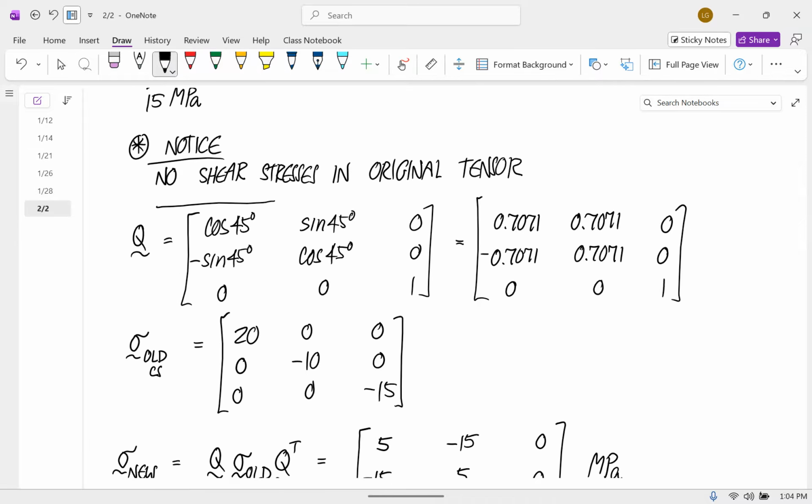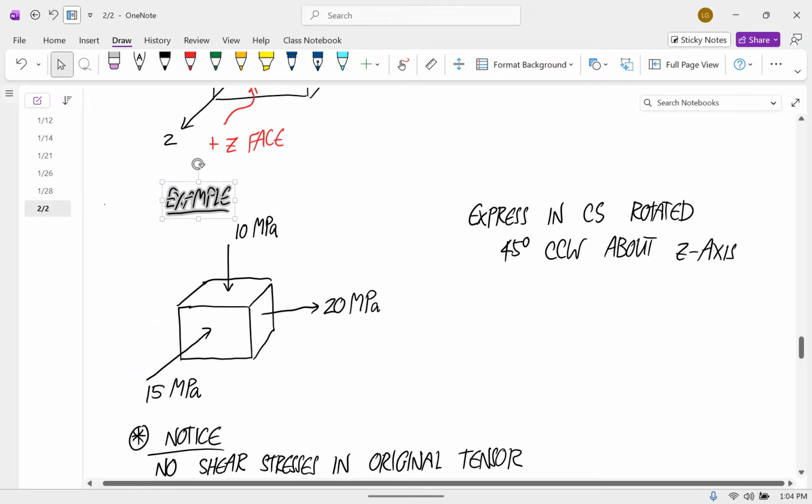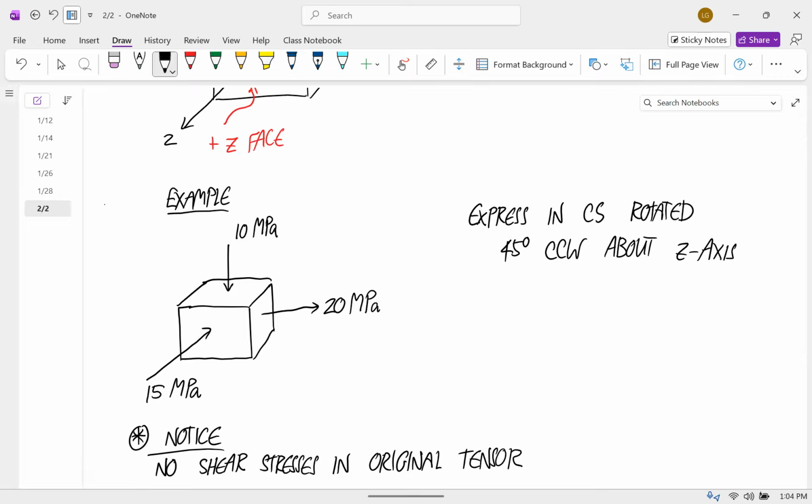This stress tensor, just look at the diagonal here: 20, negative 10, negative 15. So if I would have rotated 45 degrees about the axis with the middle one, which is y, I would have gotten the maximum possible shear stress value.